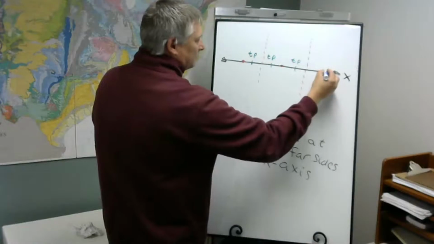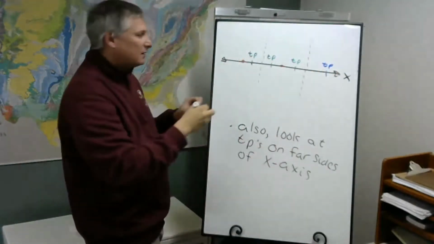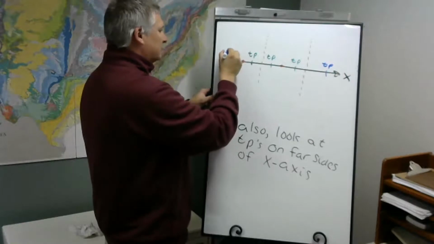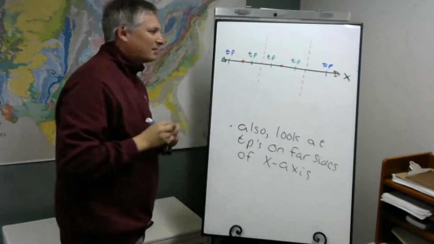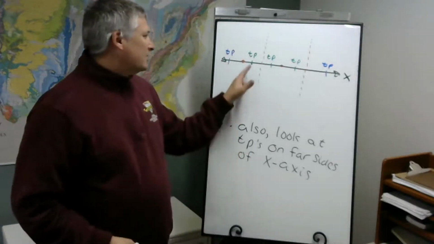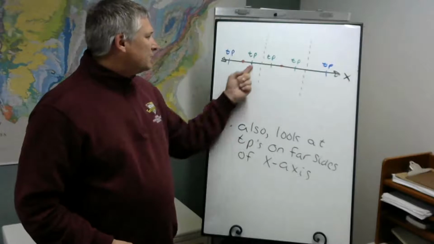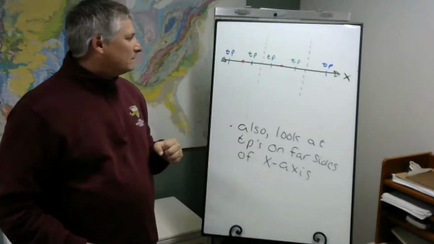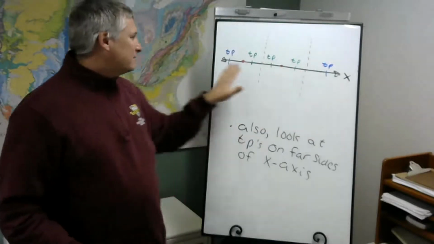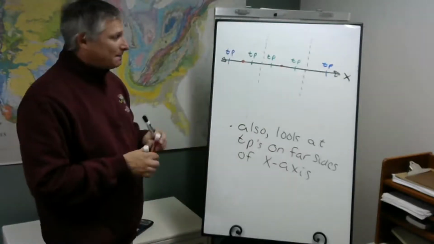So out here, we'll choose a TP, kind of beyond everything. And then out here, we'll choose a TP. And so those are the two times we're going to look at test points. Between the intercepts and the asymptotes. So we got those right there. And then on the far sides of, well, everything that's going on. So that's what we're going to follow.